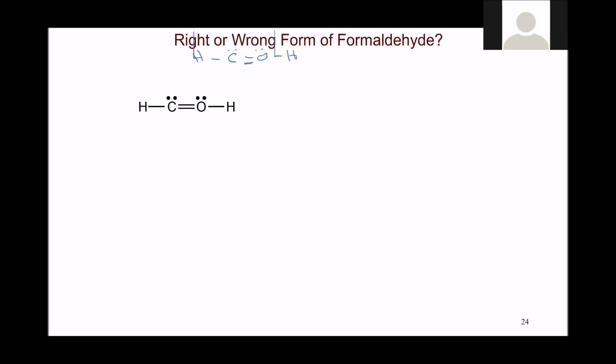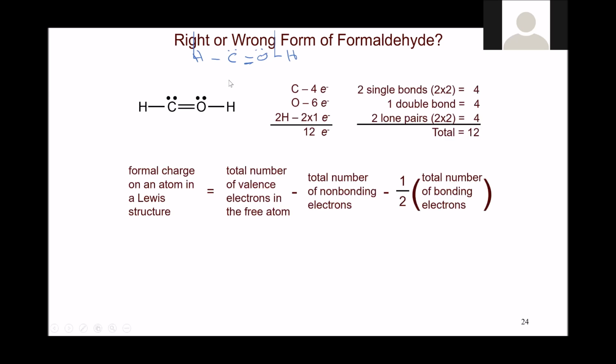So there is no problem in terms of the octet rule for each one of them. The problem is when you calculate the formal charge on each atom. Calculating formal charge is actually kind of calculating how many electrons actually belong to this atom in that molecule. So it's going to be the total number of valence electrons in the free atom minus the total number of lone pair electrons minus half the total number of bonding electrons.